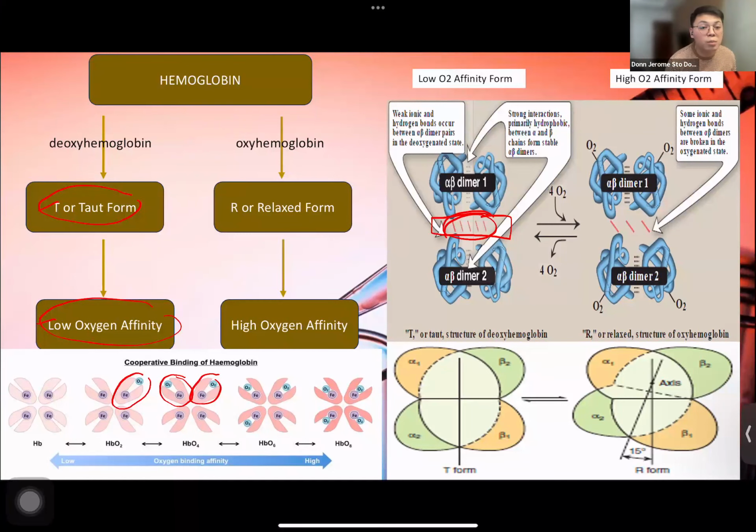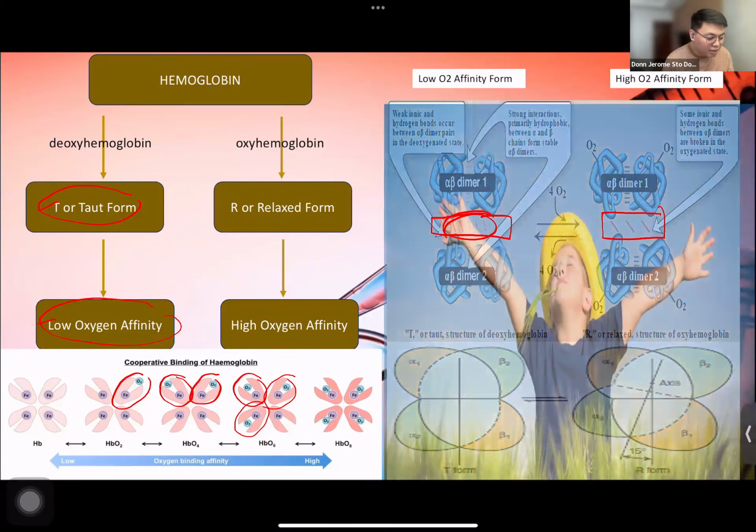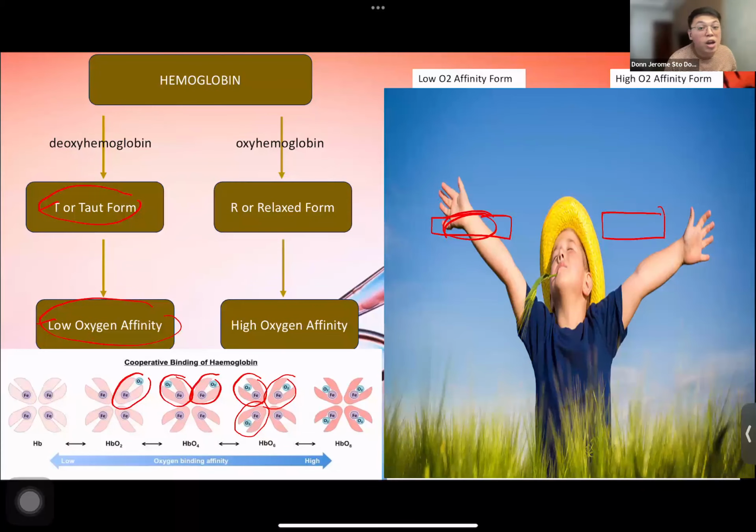Binding of the second oxygen molecule would again disrupt some of those ionic bonds, some of those salt bridges, allowing the third oxygen to bind easier than the second oxygen. And lastly, ang pinakamabilis mag-bind sa hemoglobin is the last oxygen molecule. Again, that is due to the disruption of the ionic or polar bond. Imagine it like this kid with his arm wide open, ready to accept oxygen.